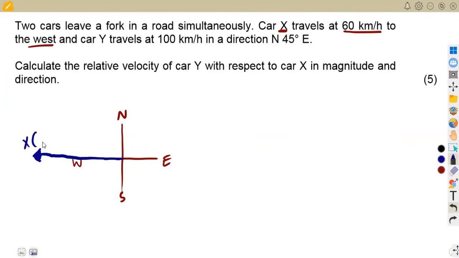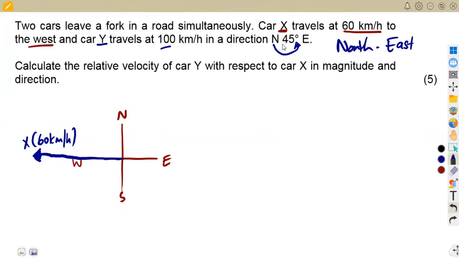So we have got our car X at 60 kilometers per hour. Then Y travels at 100 kilometers per hour, north 45 degrees to the east. Instead of writing northeast, you see how they can write the same thing. Remember, northeast is at 45 degrees, so it's the same.